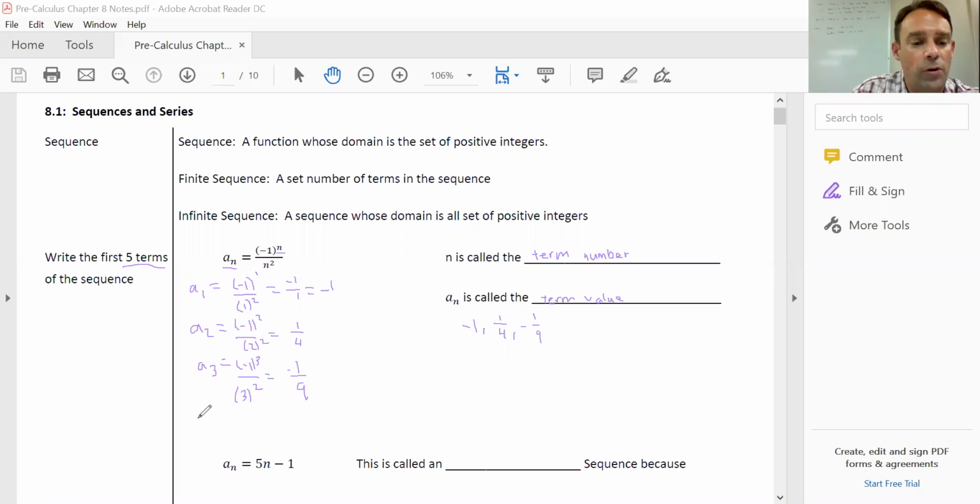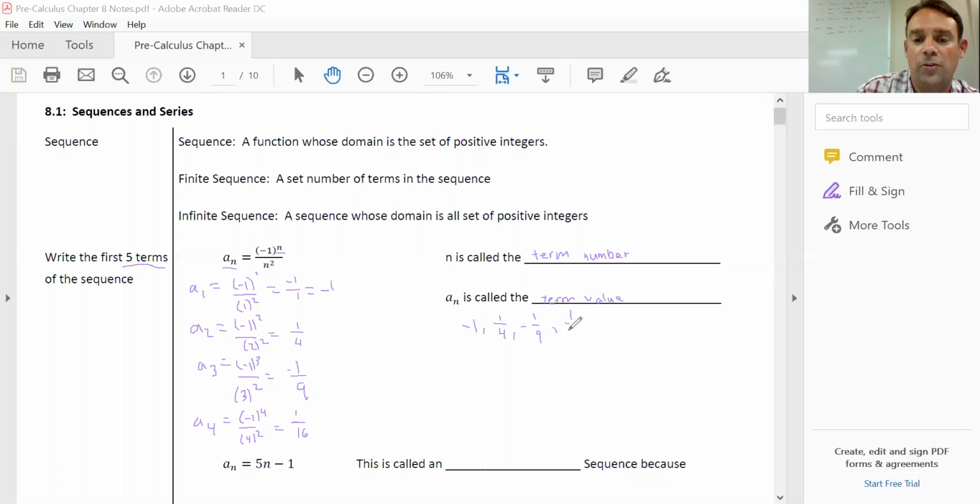And a sub 4, that'll be the fourth term in our sequence. So -1⁴ over 4 squared. So that'll end up being a positive 1/16.